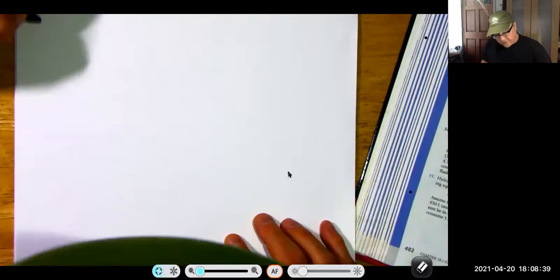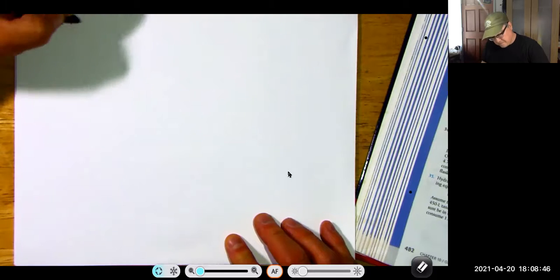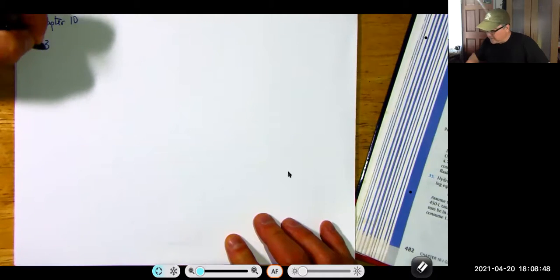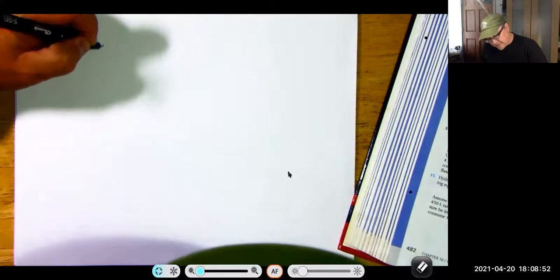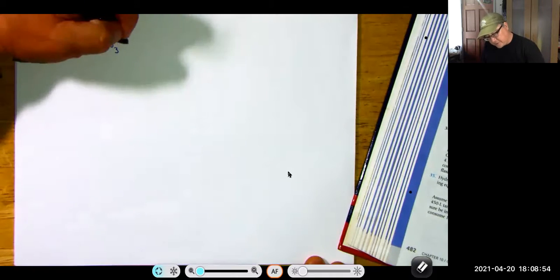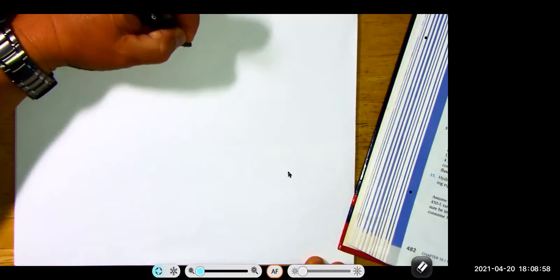So we're looking at 33, chapter 10. So our equation is sodium azide decomposes to make sodium plus nitrogen.